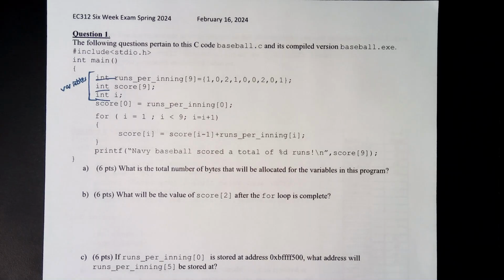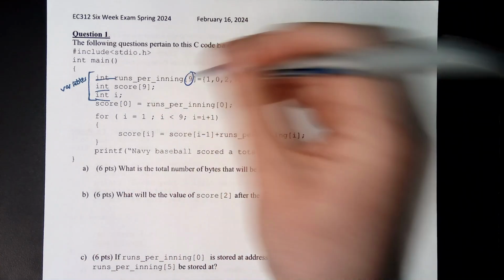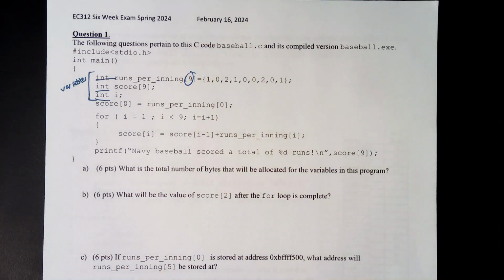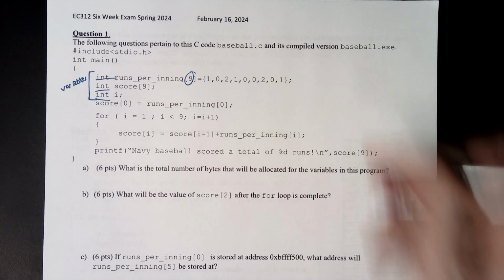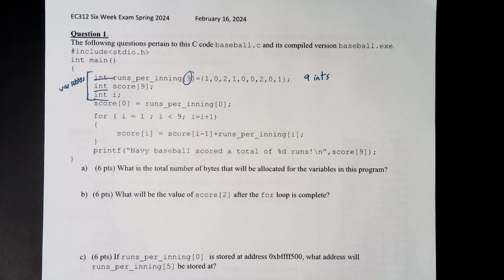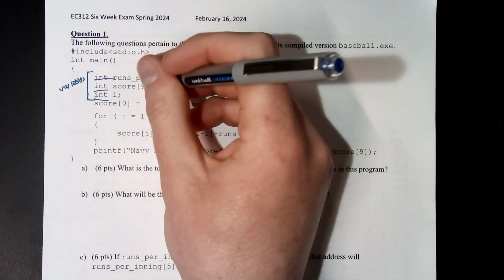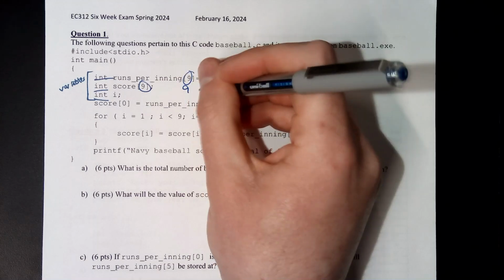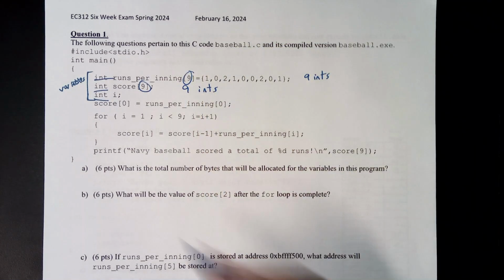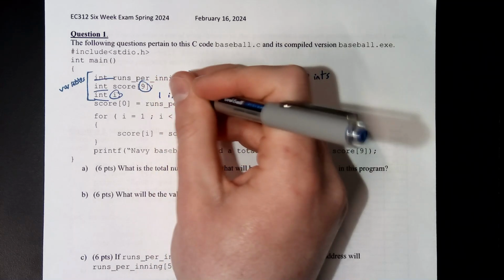And so here we've got int runs per inning 9. Importantly, that gives the size of the array, that means we have 9 ints there. So that array is size 9, and it's type int. Likewise here, we have another 9 ints. And then here we have int i, just a single one, and that is 1 int.